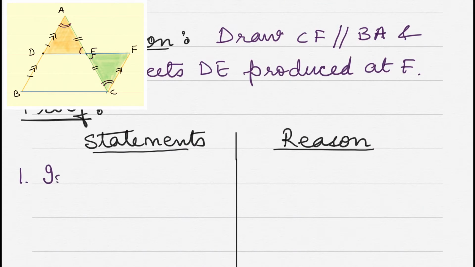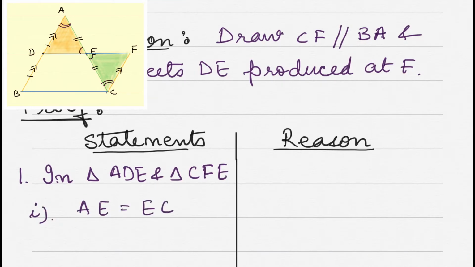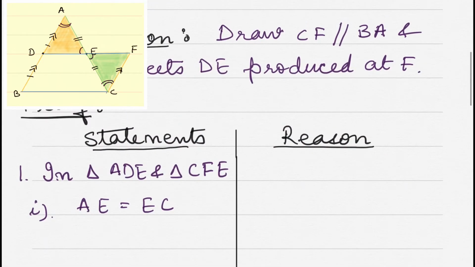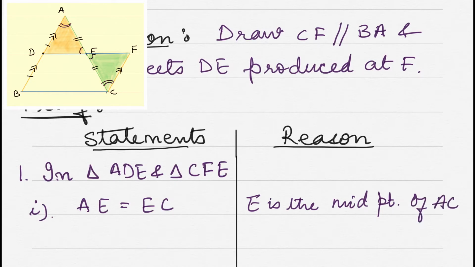So in triangles ADE and CFE, I would say the first point that AE is equal to EC, because we are given that E is the midpoint of AC and that is given.